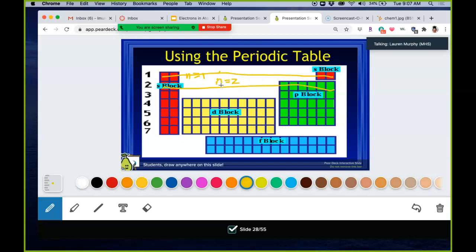It's your second row, or second period, or whatever you want to call it. So notice your p block, which is green, doesn't even start on the first energy level. So you don't start seeing the p orbitals until the second energy level. Okay, so there's still s orbitals, but now there's also p orbitals on the second energy level.